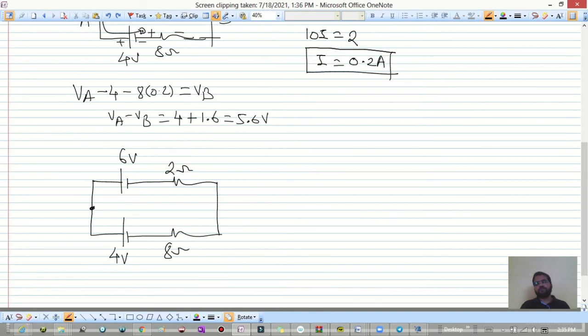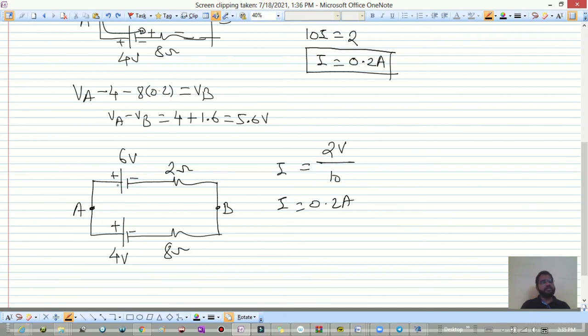And this is point A and this is point B. So see, this positive terminal is connected to the positive terminal of the other battery. That indicates they are connected in a reverse condition. So we can say that 6 minus 4 will become 2 volt. What is the potential difference in the circuit? 2 volt. What is the resistance in the circuit? 10. So you will get current in the circuit as 0.2 ampere.